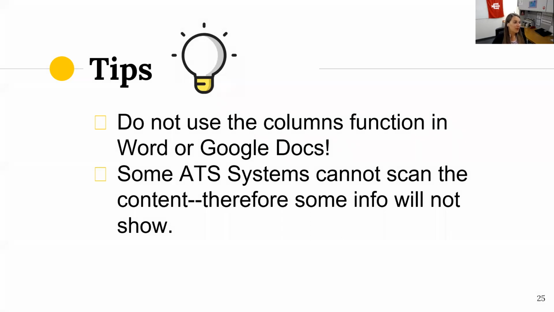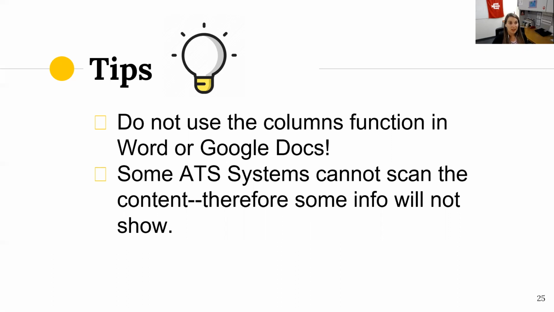Now, I mentioned this already, but ATS systems are a little funky. Sometimes they don't read everything on a resume. The other thing that I think is a great thing to know is that not only do columns not work, but the other thing you have to be very careful of is not utilizing text boxes. Text boxes just float above the document. They're kind of like this little raft, and you can't see anything on it when an ATS system goes through and scans.